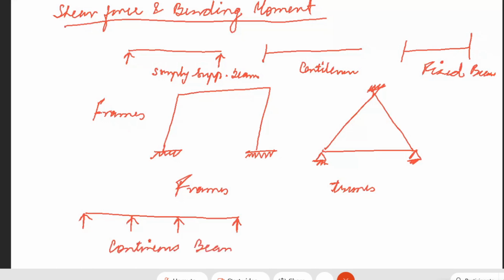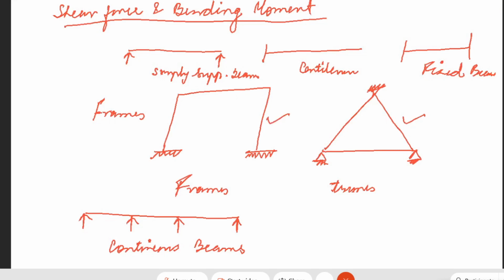What we need to calculate here, as I said in the previous class as well, is that on any structure there will be some external loading, and we have to understand how it responds, how a different type of beam responds. A truss behaves differently compared to a frame. It is a completely different procedure.